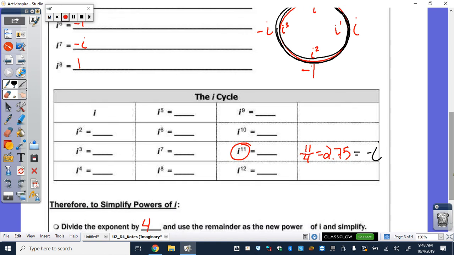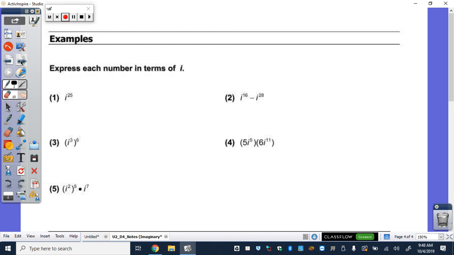Let's take a look at our examples. I'm going to draw my little clock up there to help me as I'm doing this. Promise the clock's going to be helpful.